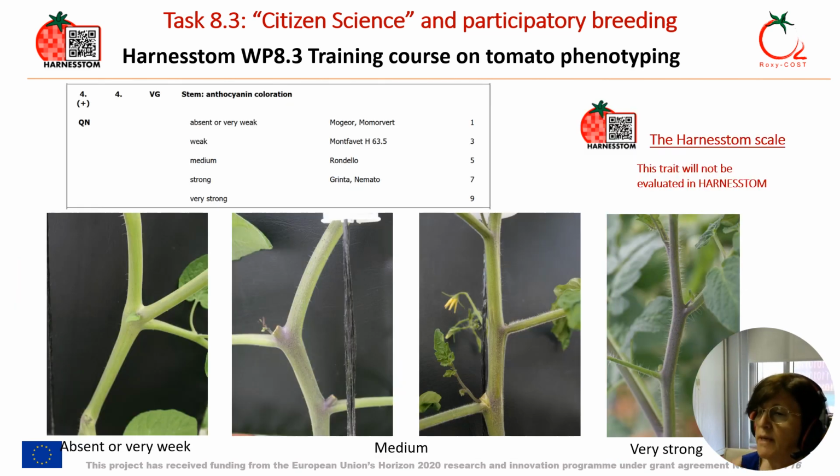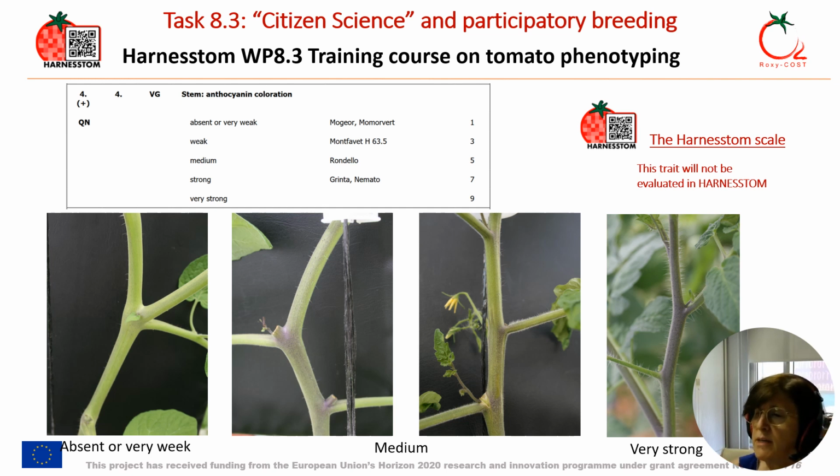As we have seen, the anthocyanin can be present in all parts of the plant. For this reason, it is also taken in the stem. In this case, we can have different intensities, from absent or very weak to very strong. Most of the varieties are classified from 1 to 5.